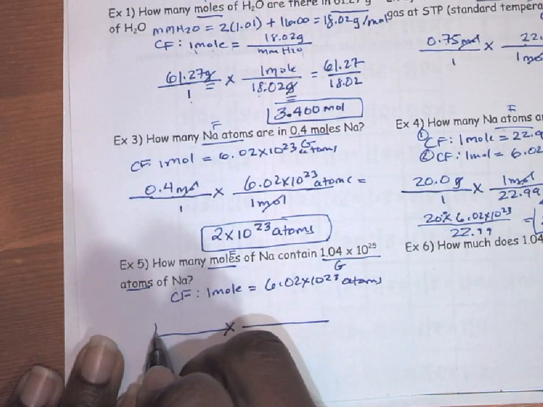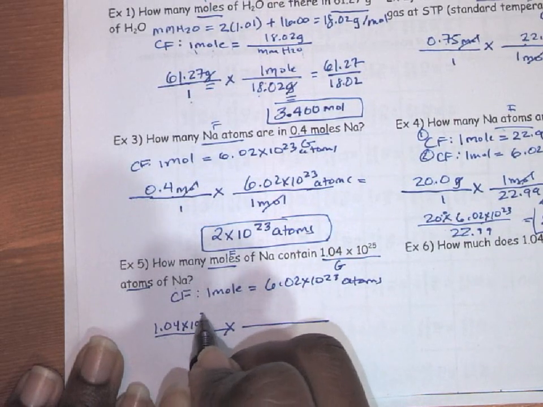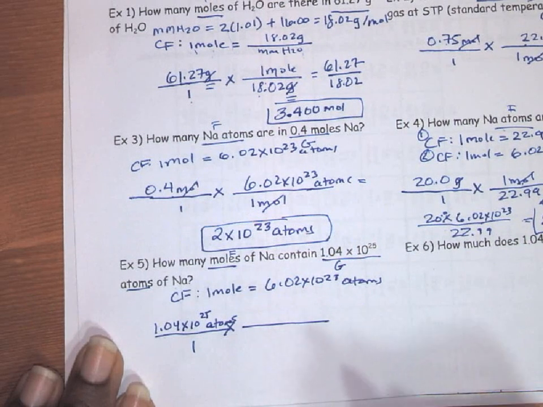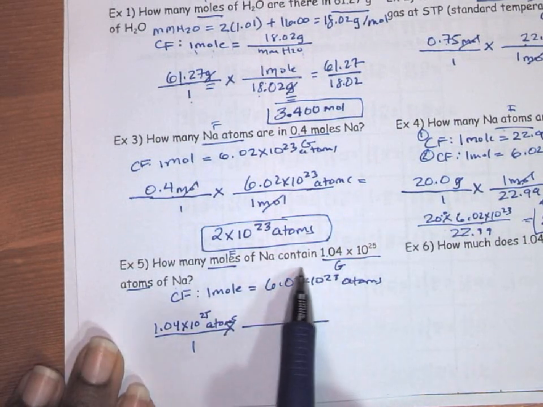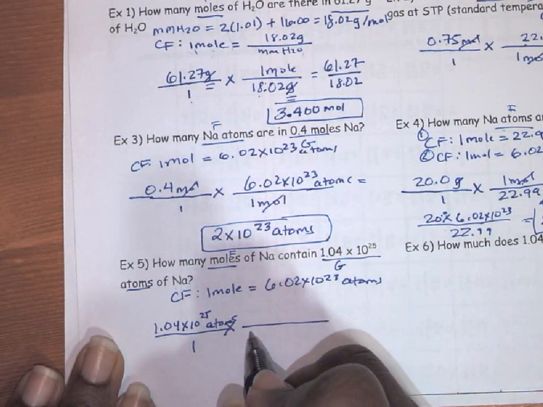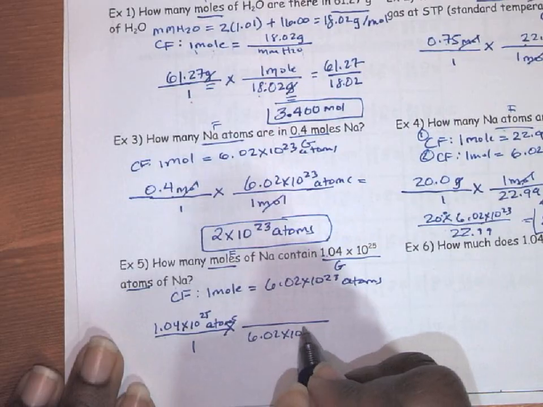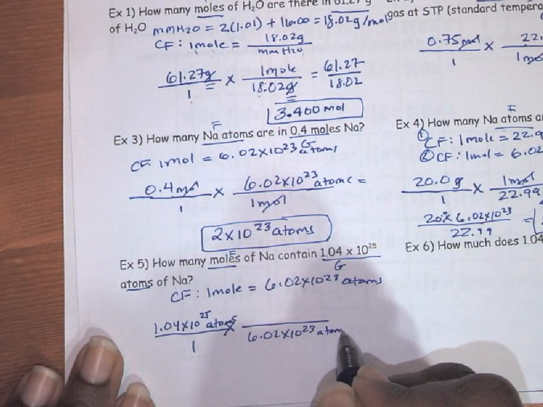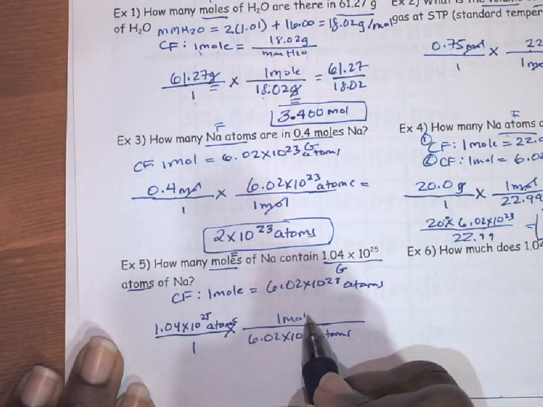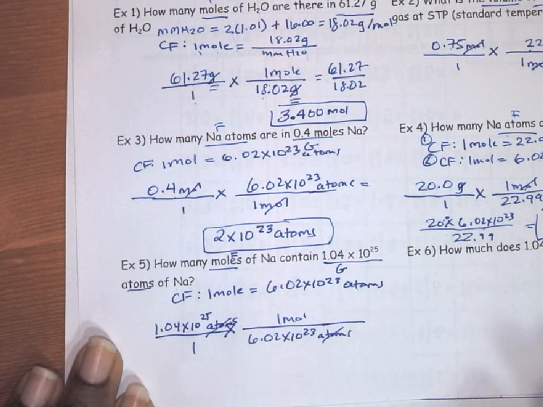So I'm going to take my given, 1.04 times 10 to the 25 atoms over 1. And then in the second conversion factor, I want to cancel out atoms now. So now I'm going to take Avogadro's number of atoms, because I'm focusing on atoms there, 6.02 times 10 to the 23. That goes in the denominator, and then 1 mole goes on top. All right, so my atoms will cancel out since they're opposite.